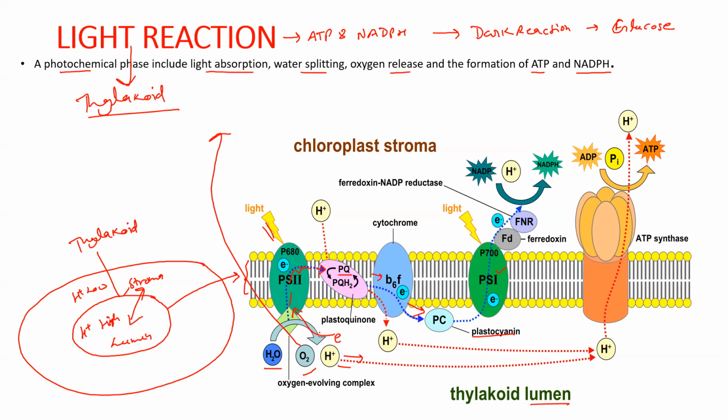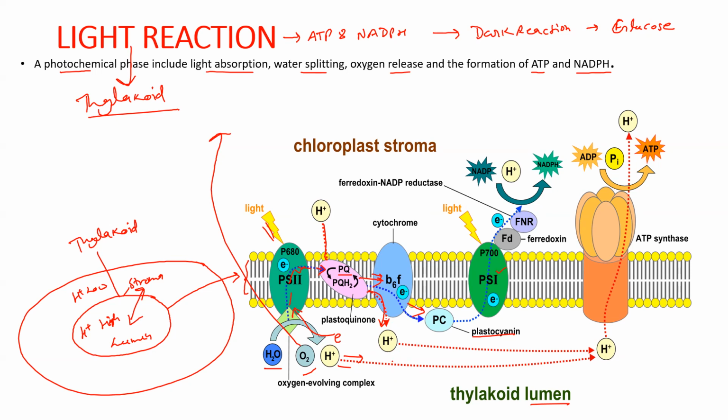Now this PQ grabs the H ion from the stroma and transfers that to the cytochrome, and cytochrome transfers that H ion to the lumen. This also increases the concentration of H ion inside the lumen.